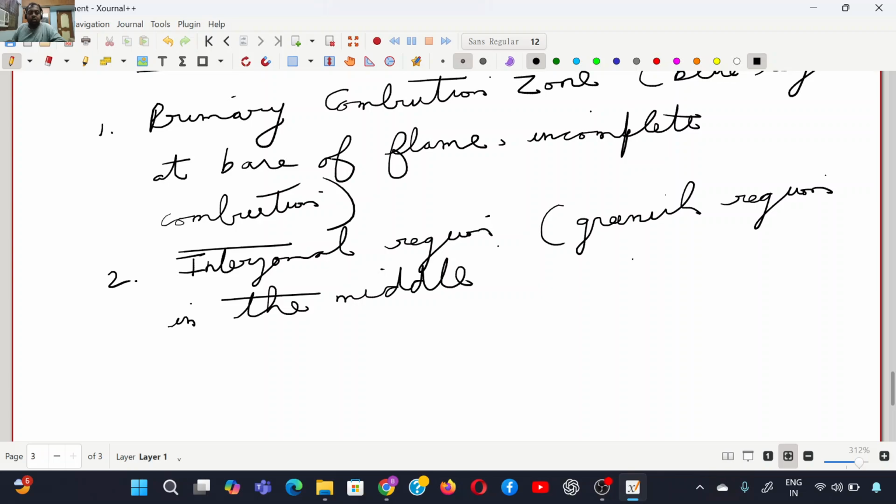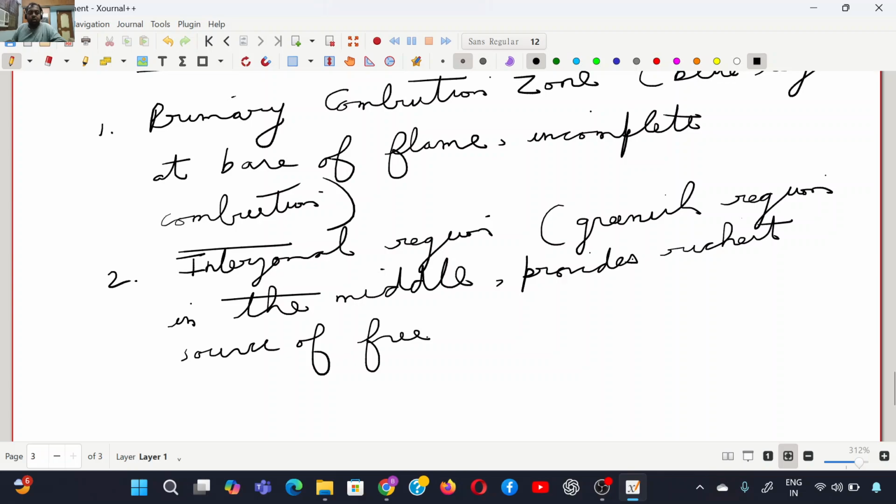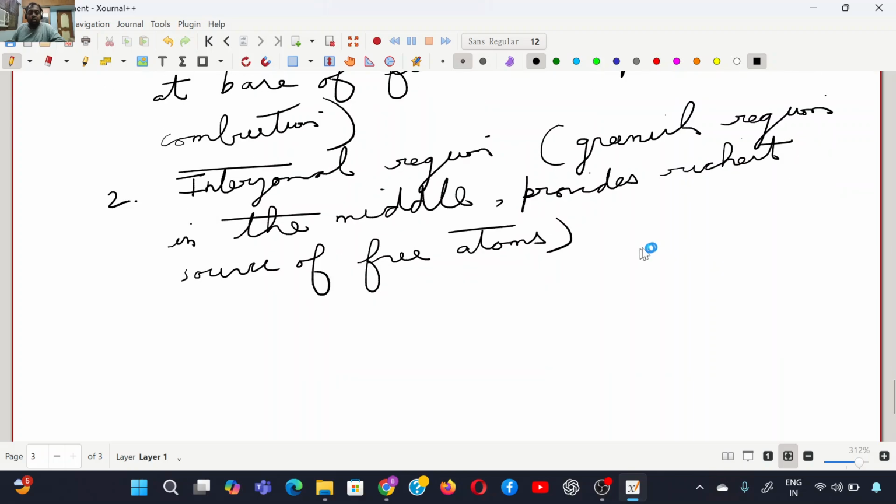Okay, it provides the richest source of free atoms. Fine.